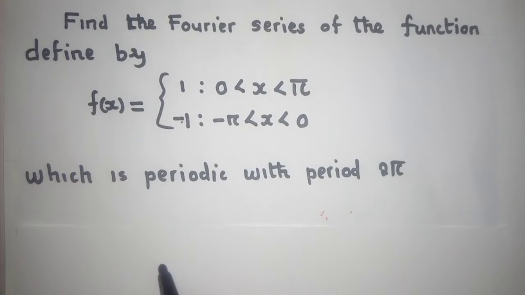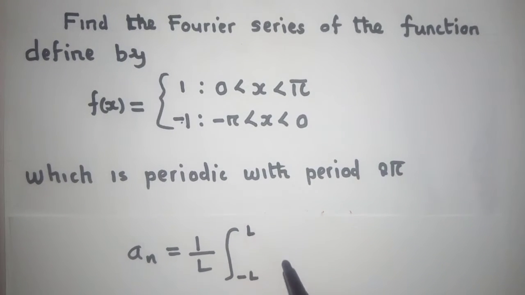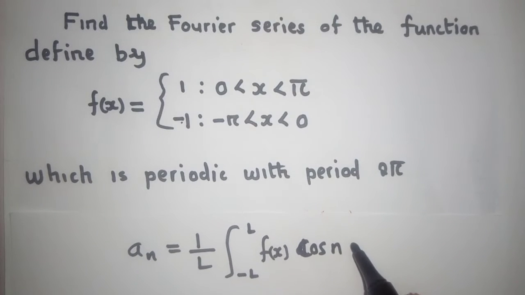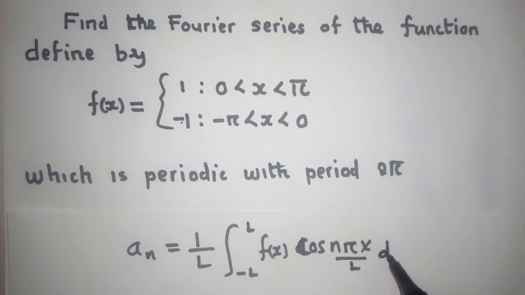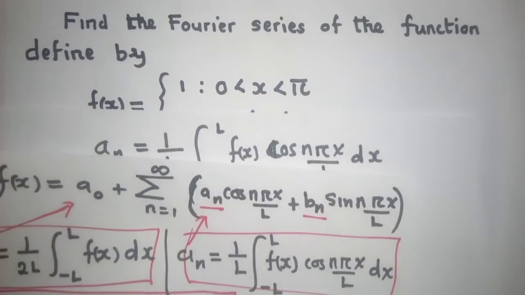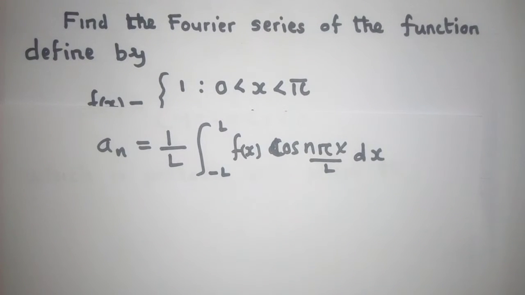It will be a_n is equal to 1 over L, integral of f(x) cos(n pi x over L) dx. So this is the formula, which is right here. Just put in this formula, so it's the one we've put here.